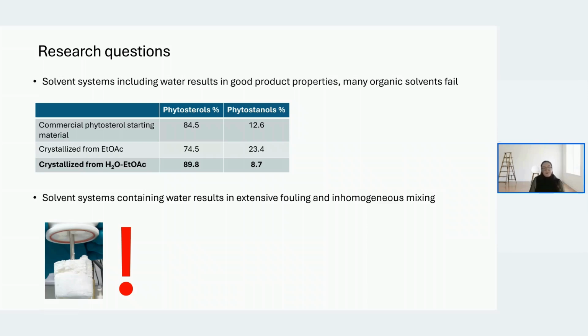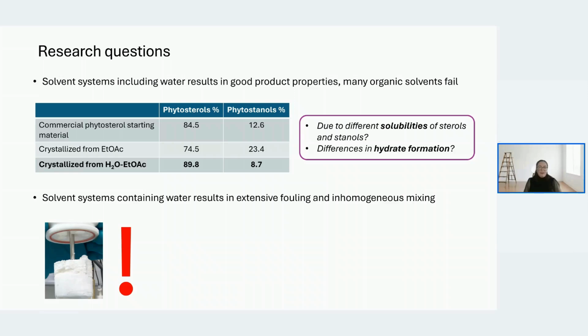Then when we did the crystallization with a solvent combination where we had a small amount of water, we could decrease the phytostanol share in the final product. And basically that combination was best to fit our targeted product specifications. We wanted, of course, to understand better what is behind this behavior.